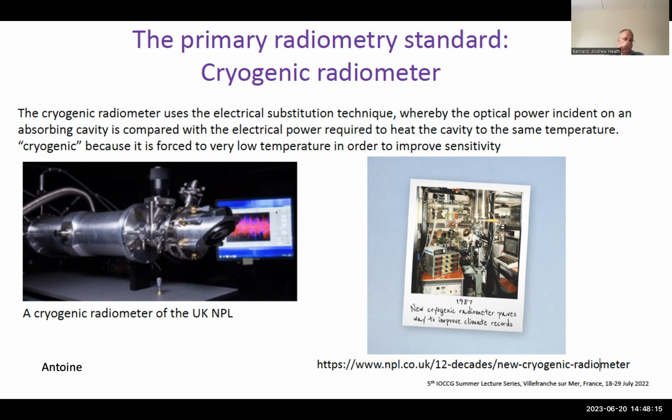So again, it's a way to accurately use another measurement, heat and temperature, to quantify the actual radiant power. It's cryogenic because to get the highest resolution and sensitivity they can, they need to force it to a very low temperature to be able to get down to the heat flux that they can measure accurately.